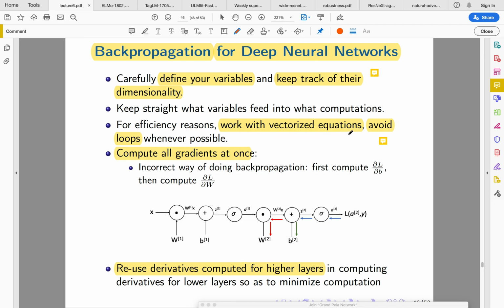We work with vectorized equations. We put in the vectors and compute all gradients at once. So you differentiate the loss with respect to the weights instead of doing one after the other. We reuse derivatives computed for higher layers in computing for lower layers so as to minimize computation.